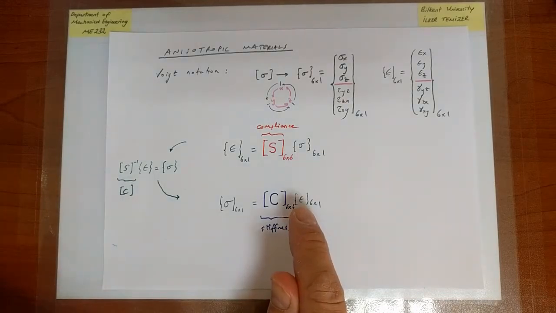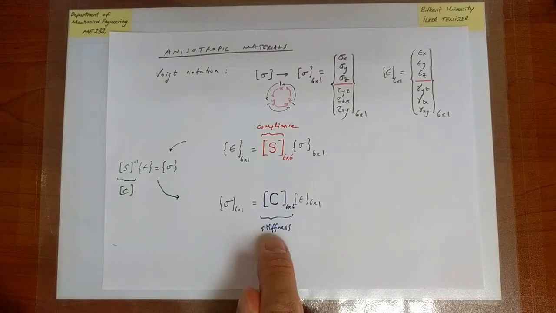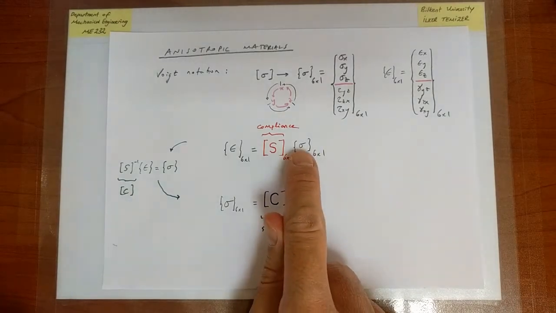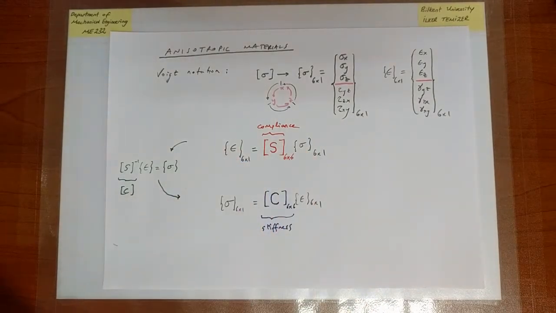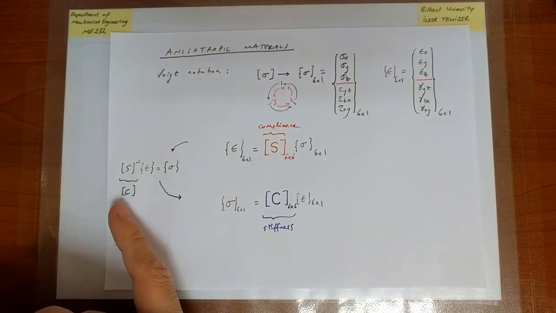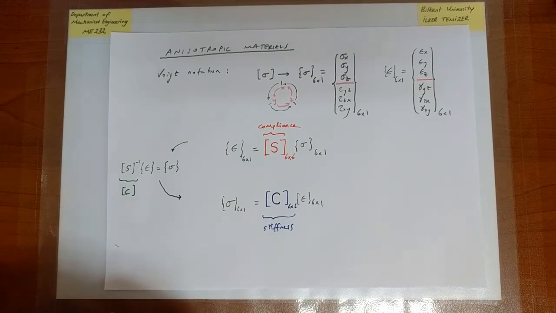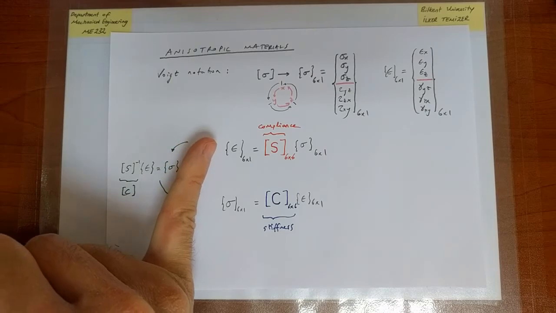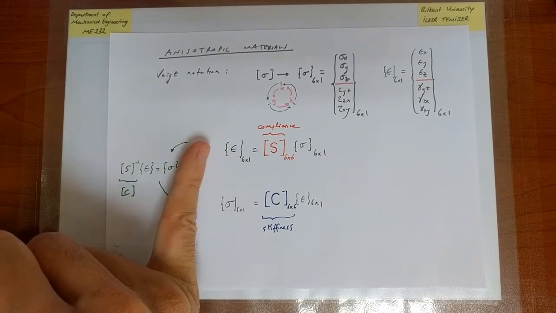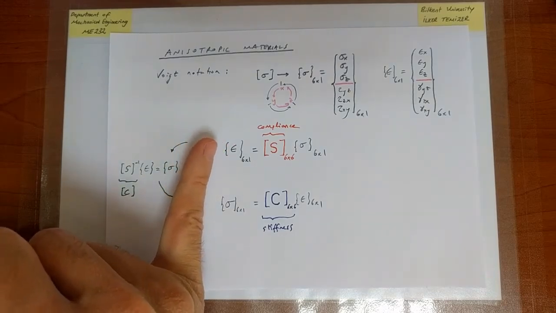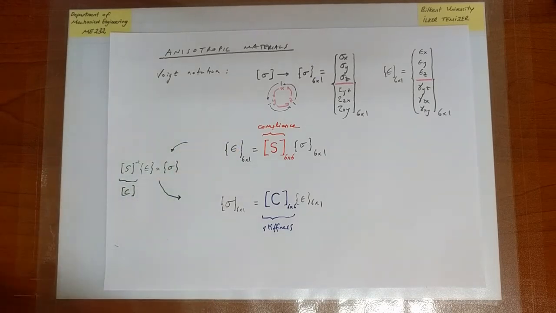If you're interested in what the stress is for a given deformation, you need the value of C. For a given stress, if you need the corresponding deformation, then you need the value of S. But we know that if we know one of them, then we can invert it and find the other one easily. So mostly in this course, as we've done so far, we put the strain on the left and the stress on the right. And so we're going to choose this convention whenever we need to relate stress to strain. Okay, so this is what we're going to use more often than that one.